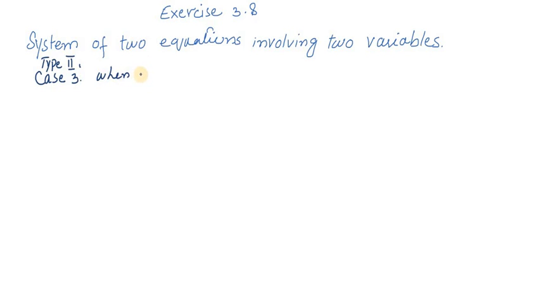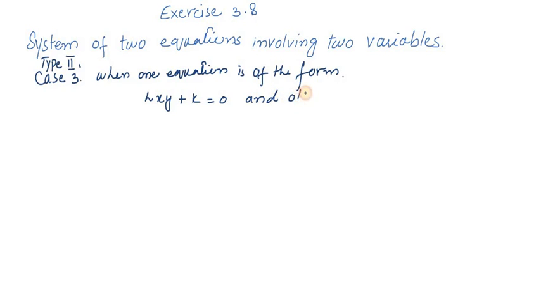when one equation is of the form hxy plus k is equal to 0 and the other is ax square plus by square plus c is equal to 0.